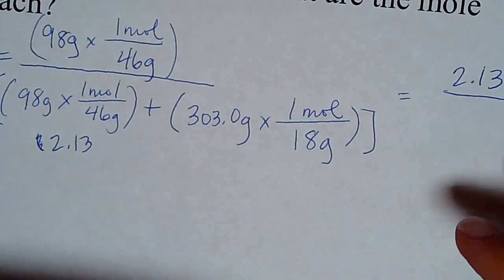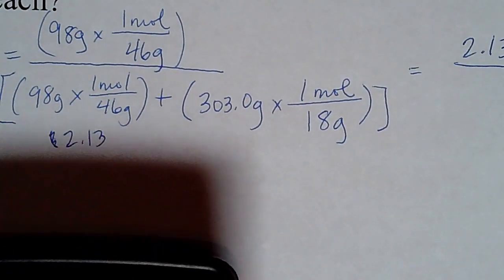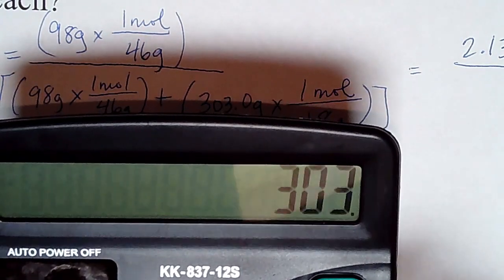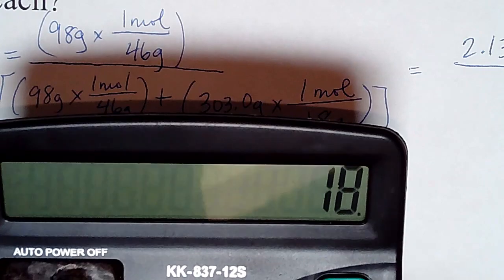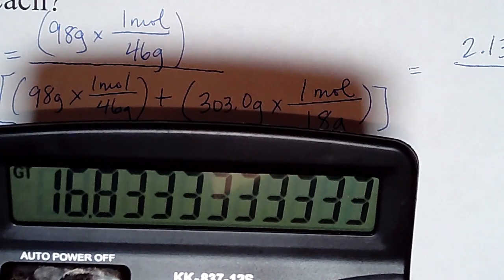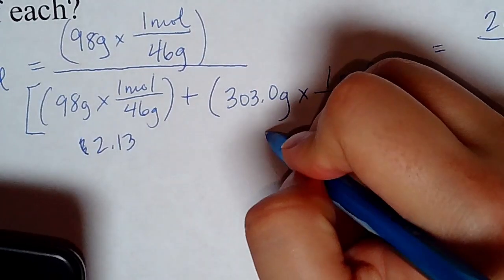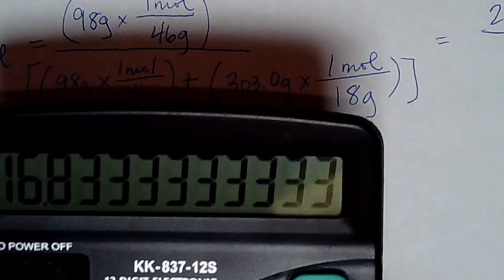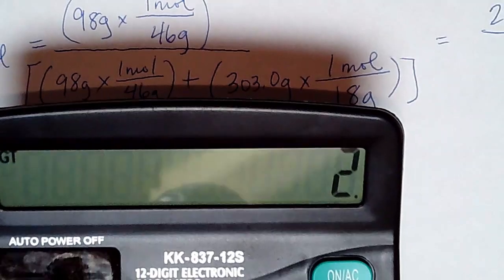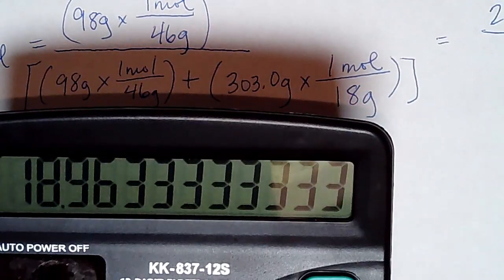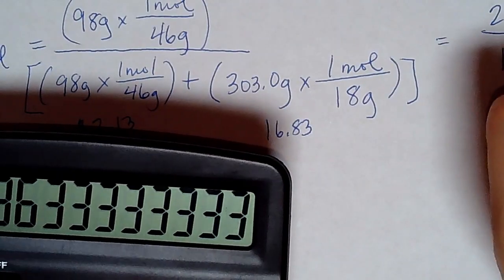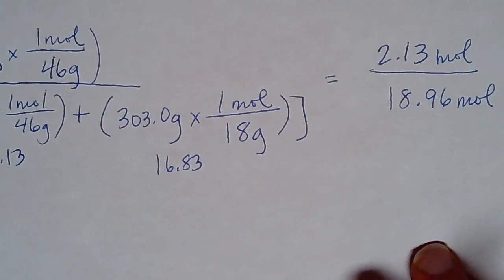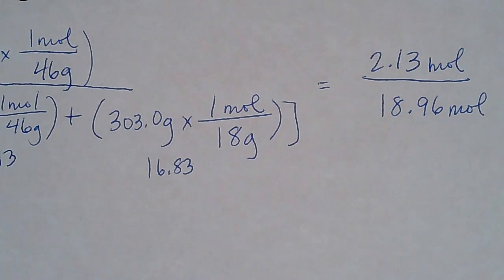Let's look at the second part. 303 divided by 18, 16.83. And remember, we need to add that to the 2.13 we had from the ethanol. So the bottom part should be about 18.96 moles for our total moles of the solution.